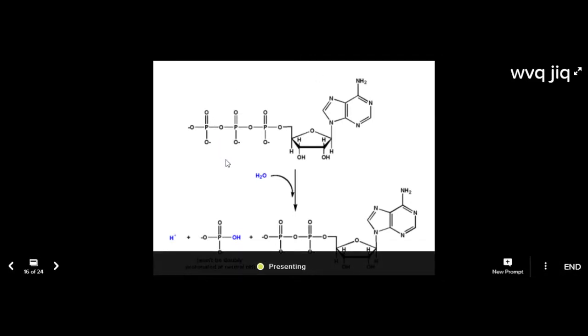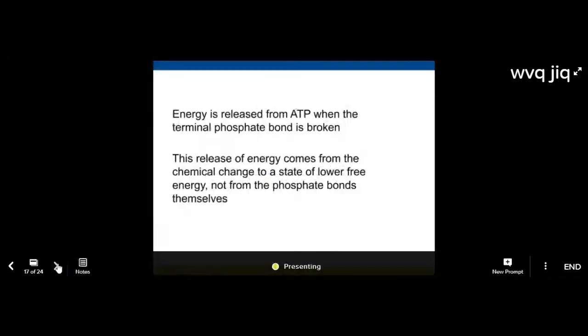So it's broken right here, and then this just remains negative. And the OH from the water goes here, and the other one just adds to the acidity of the environment. So this is ATP, and this is ADP, adenosine diphosphate, because it only has 2 phosphates.